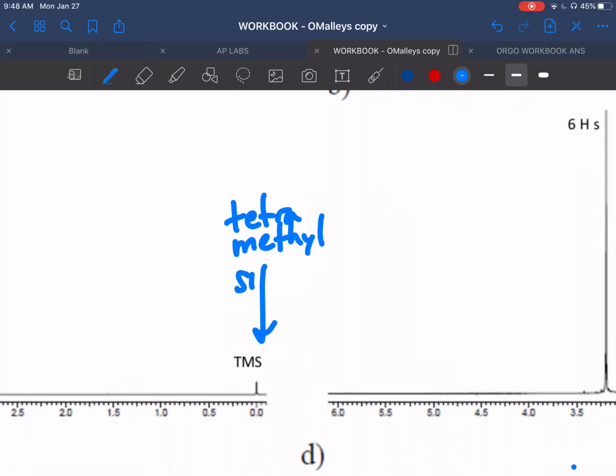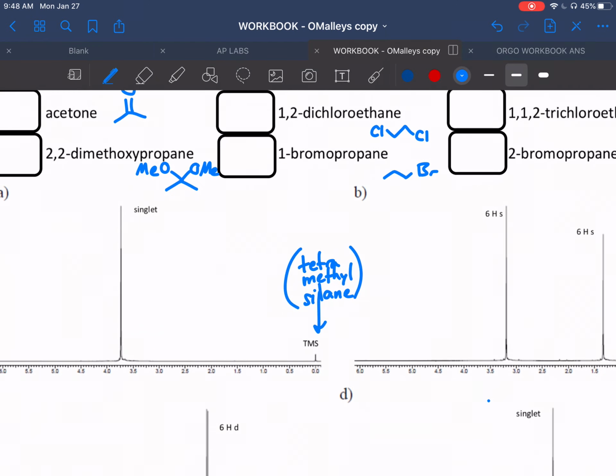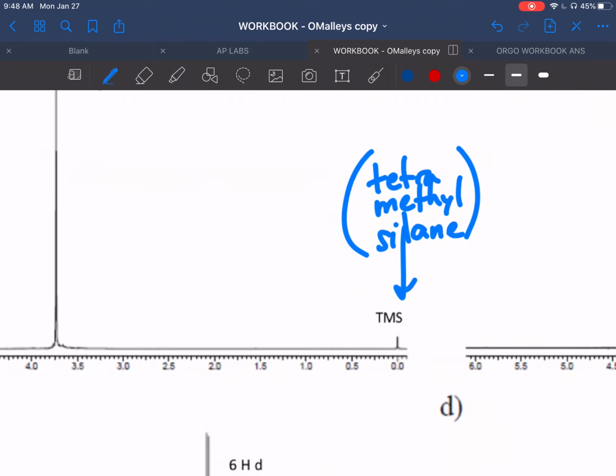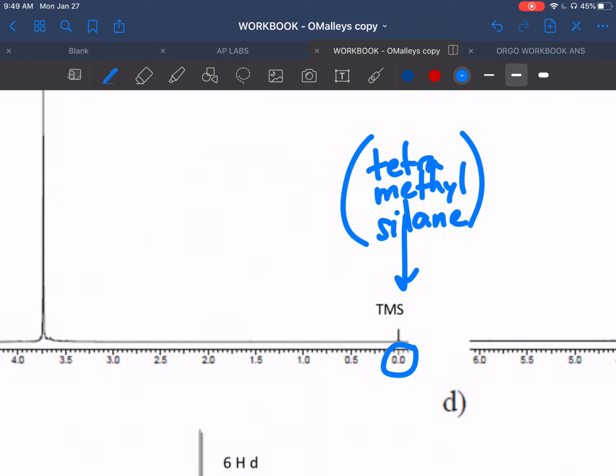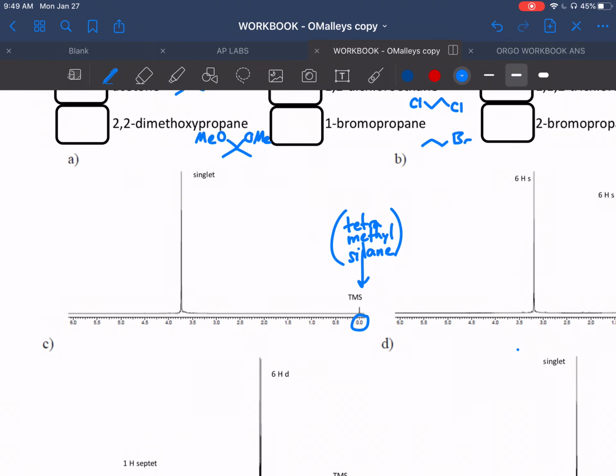It's one of many different reference compounds that chemists use just to set and calibrate where the scale is. We've defined this to be at 0 parts per million on the scale, and everything else is relative to that. But what that means is it's not part of the molecule, so we are not going to look at that when we're considering what the molecule actually looks like.